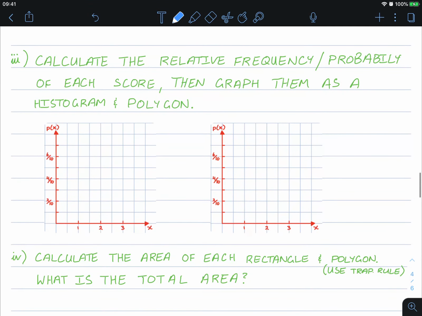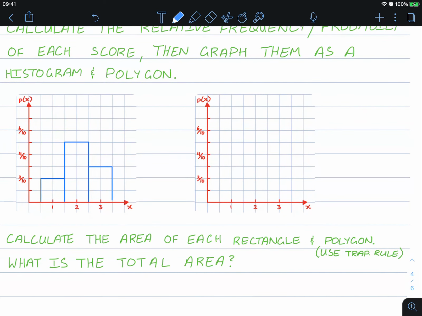Calculating the histogram for this, 2 out of 10, 5 out of 10, 3 out of 10. There we have it. Same deal for this: 2 out of 10, 5 out of 10, 3 out of 10.